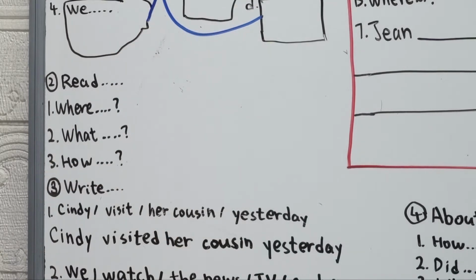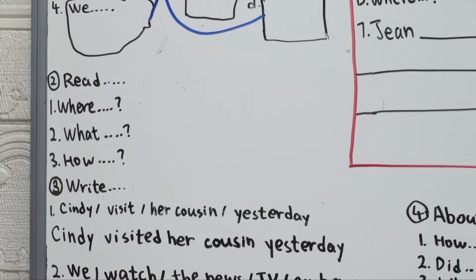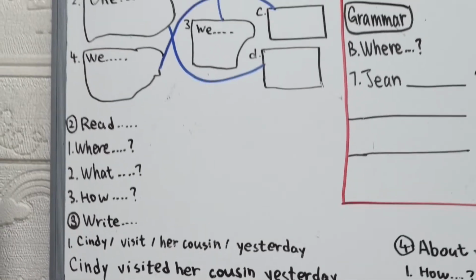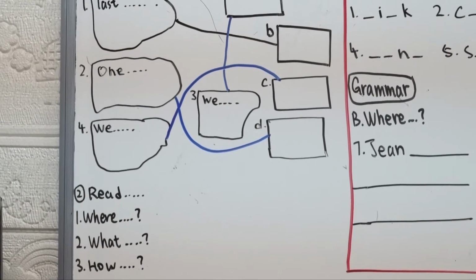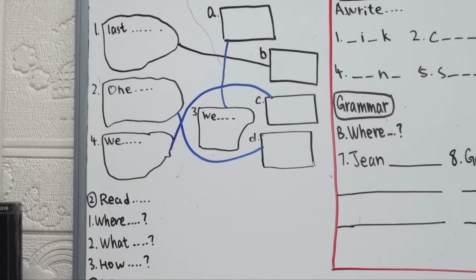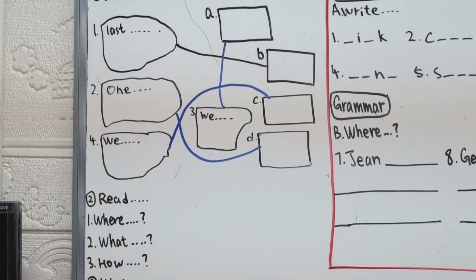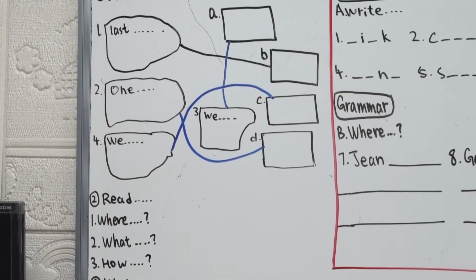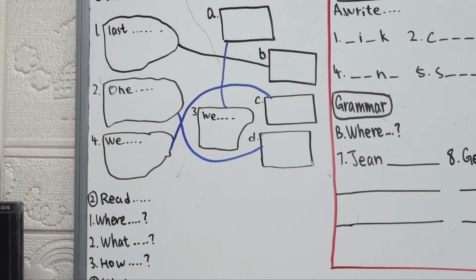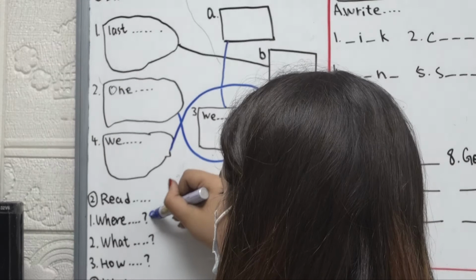So, where did she travel last summer? The answer is she traveled to Spain last summer, right? That is paper number 1 tells us that because it says that last summer I traveled to Spain on holiday, right? So you should answer the question here.